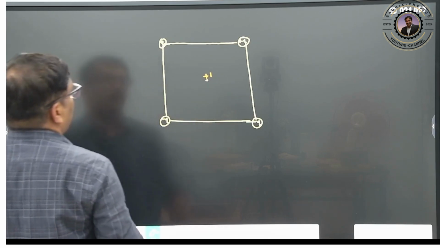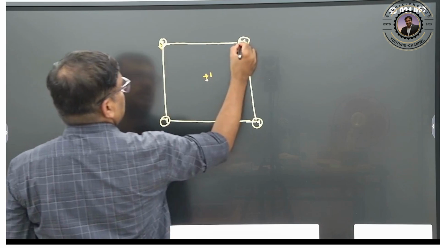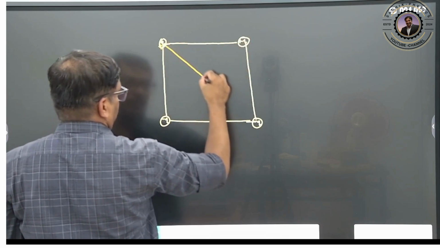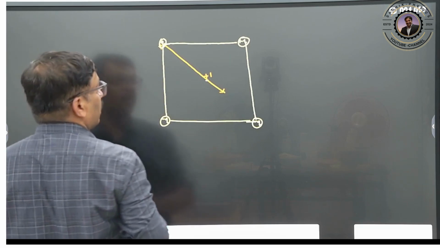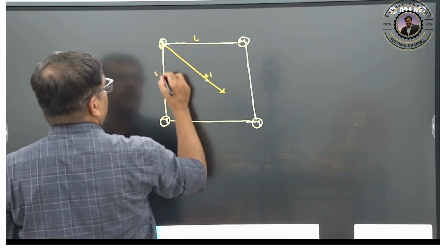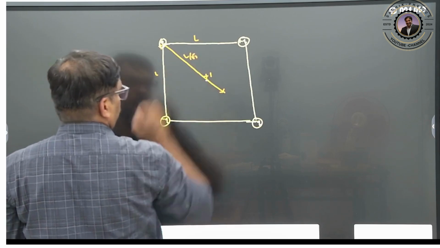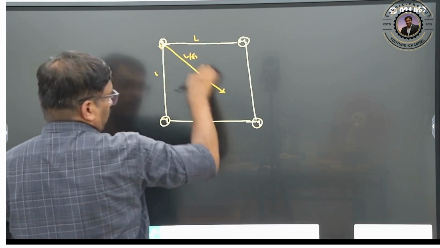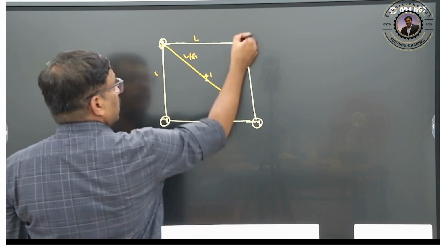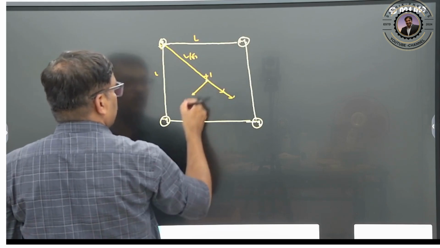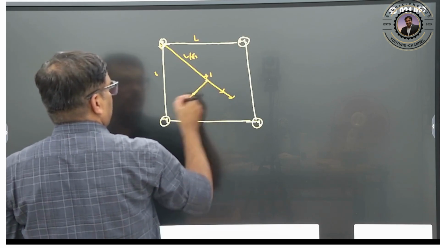What will happen now? This is a positive charge, and this is also a positive charge, so they undergo a repulsion force. Clear? The distance is L by root 2. This is toward this side; this is negative and positive, so also toward this side. This positive gives repulsion toward this side, and this one gives attraction toward this side.